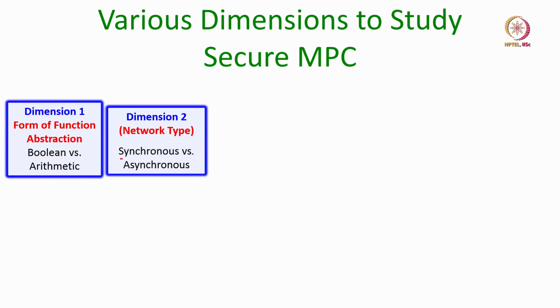The first is the synchronous communication model, where we assume that the communication channels among the parties are synchronized through some global clock. That implies that if I am a sender and am supposed to send some message according to the protocol, then the receiving party will know within what time that message is supposed to be received.